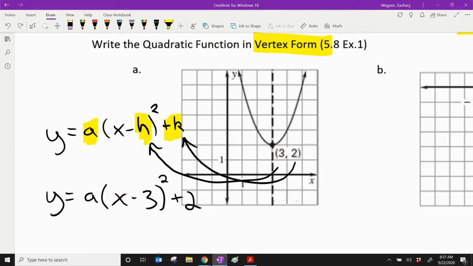So when I'm looking at this right here, notice I have to pick another point that's on my graph. Right? Don't use your vertex. Your vertex is a point, but you'll notice when you plug in 3, 3 minus 3 is 0. That turns 0 squared to 0, and 0 times a is 0. All of a sudden, while it makes the equation true, it does not give you the a value.